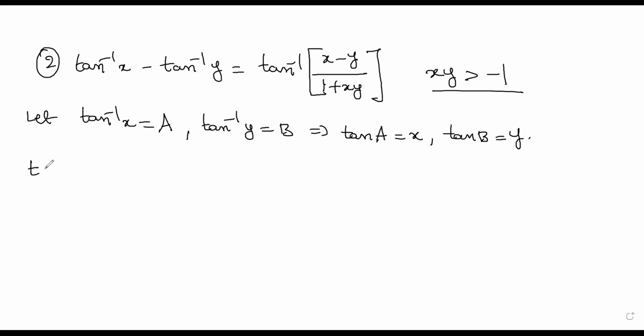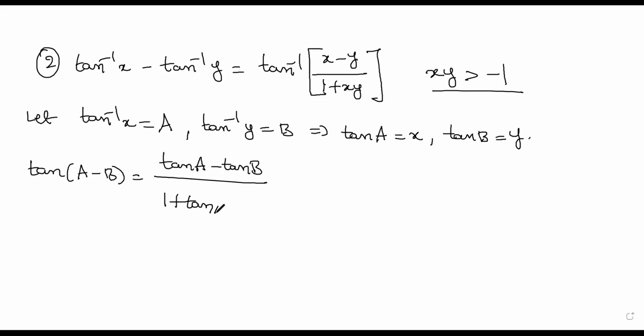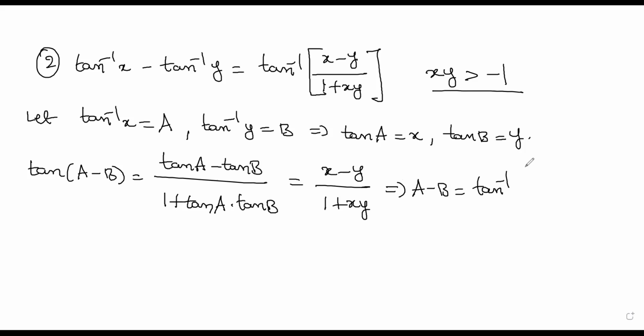We will use the formula tan of A minus B is tan A minus tan B divided by 1 plus tan A tan B. Now that gives x minus y divided by 1 plus xy. So you have A minus B is tan inverse of (x minus y) divided by (1 plus xy). So you have A and B, just replace them.